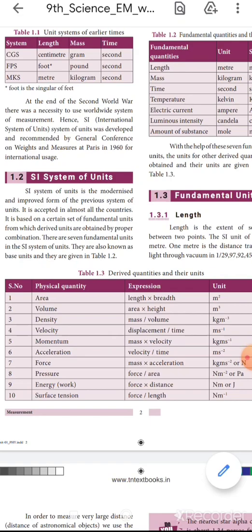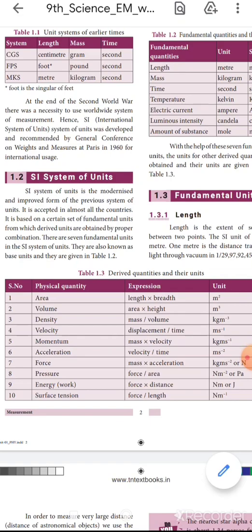Velocity, displacement by time, meter second power minus 1. Momentum, mass into velocity, kilogram meter second power minus 1. Acceleration, velocity by time, meter second power minus 2.